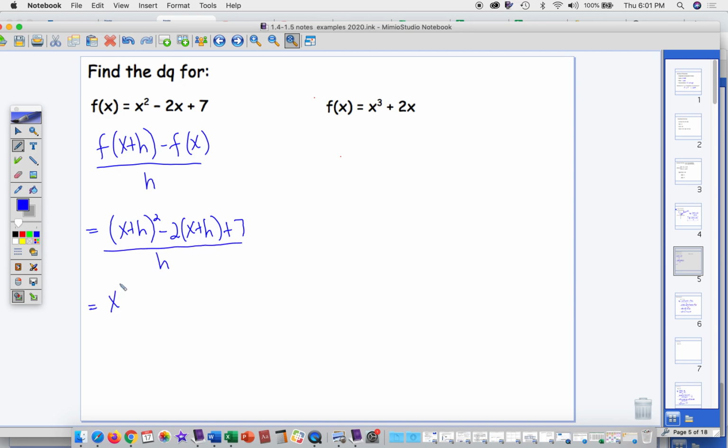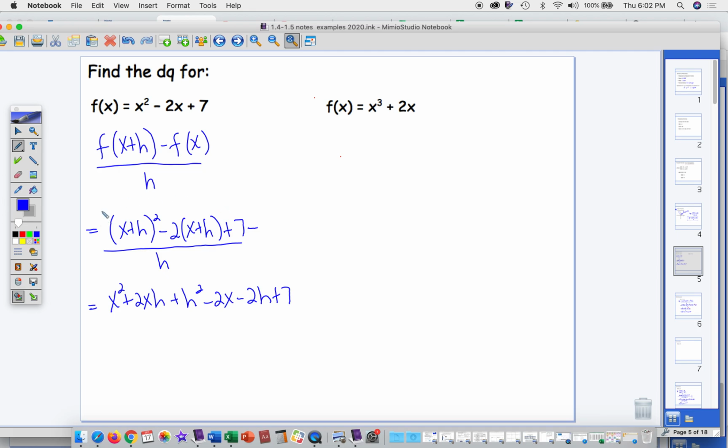So when I square this, I get x squared plus 2xh plus h squared minus 2x minus 2h plus 7. Oh, I didn't finish this. Up here, we're subtracting the original function.